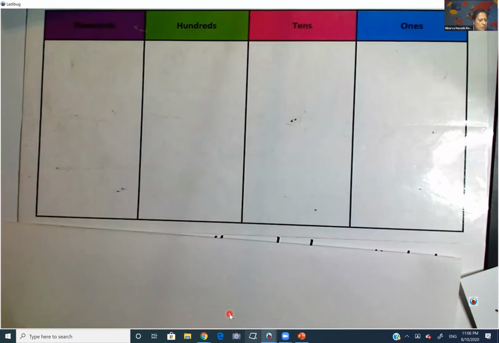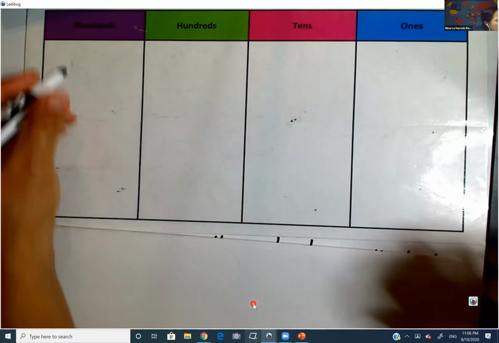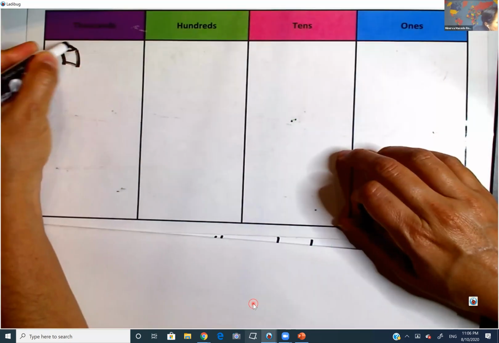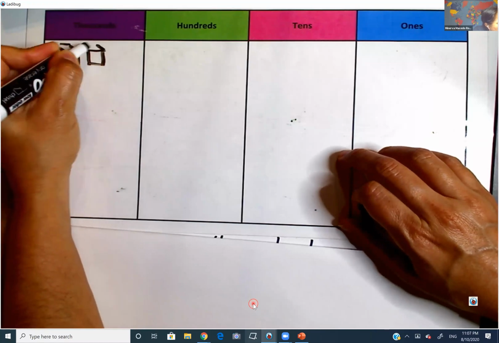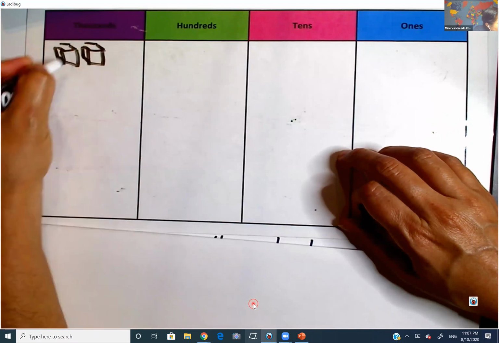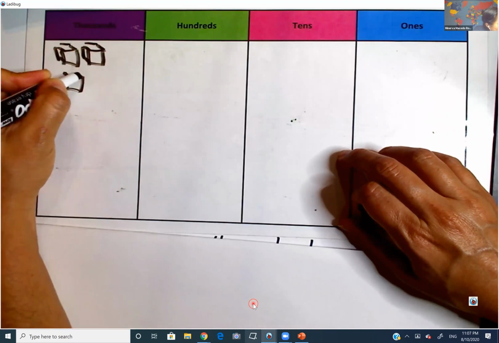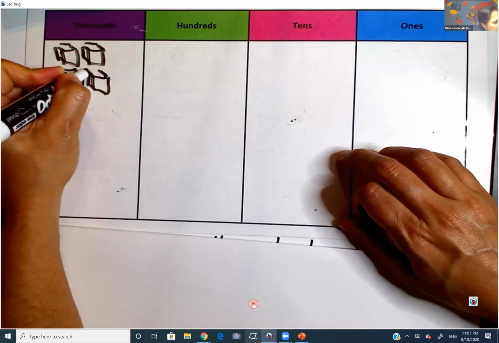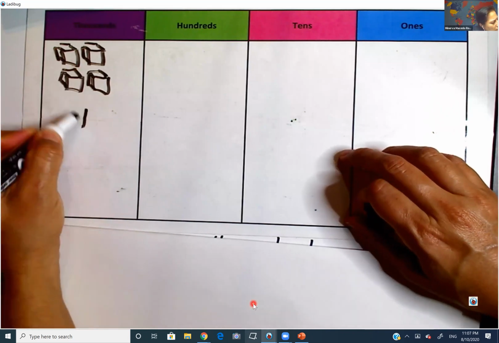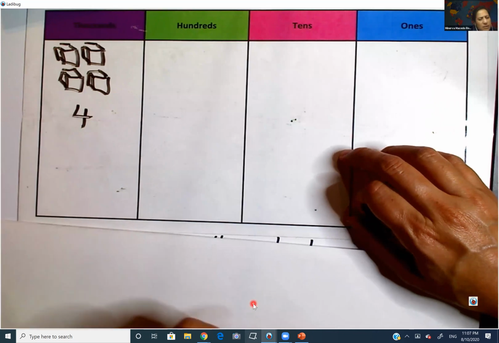Now let's represent this in our chart. And remember, we can do the pictorial form here, where we have 1,000, 2,000, 3,000, and 4,000. So we have 4, which is 4,000s.